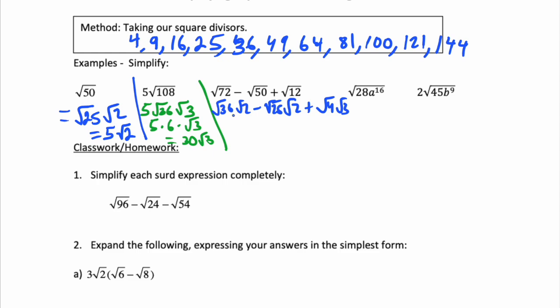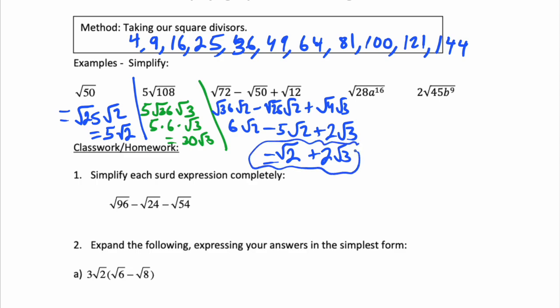So this is 6 root 2 minus 5 root 2 plus 2 root 3. Now these are the same. It's just like 6x minus 5x will give you 1x, in this case x being the root 2. So that's 6 minus 5 is 1. It's just 1 root 2 plus 2 root 3 is the final simplified result.